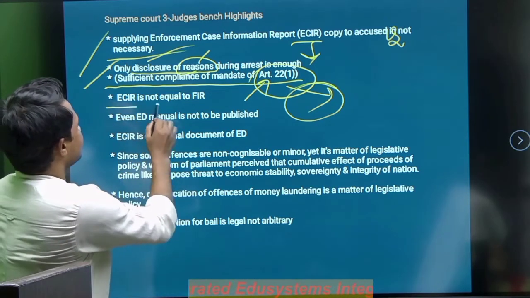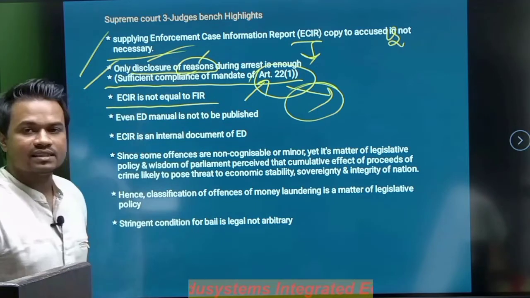And again, ECIR is not equal to the FIR, this is important.